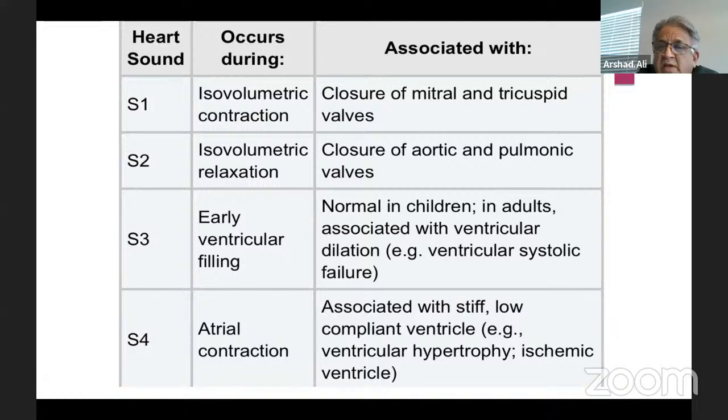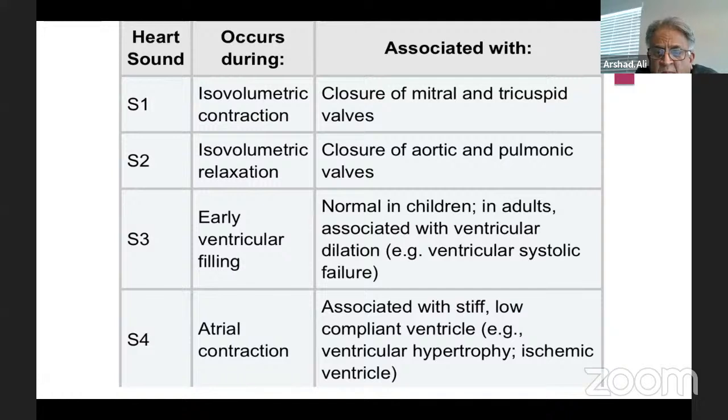Third heart sound is a normal sound in children, but in adults it is abnormal, and it typically represents ventricular dilatation and stiffening with systolic heart failure, ventricular failure. And the fourth heart sound is a heart sound of atrial contraction.